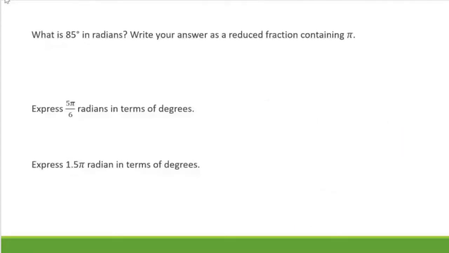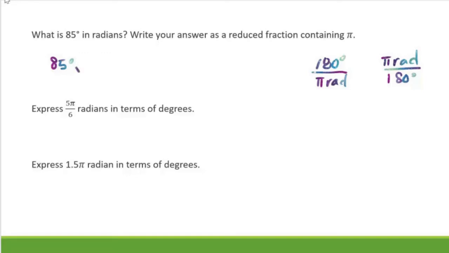What is 85 degrees in radians? Okay, so we're starting with 85 degrees, and we want to convert this to radians. If we remember our conversion factors from the previous slide, we know that 180 degrees is equal to pi radians, and therefore pi radians is equal to 180 degrees, and so both of these conversion factors have a value of 1, so they won't change the value of our angle.